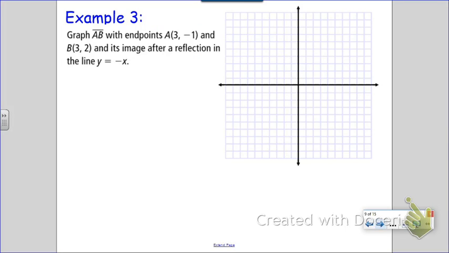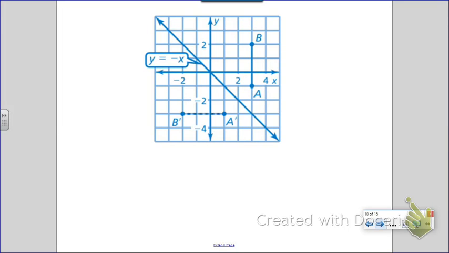Graph segment AB with endpoints given and its image after reflection in the line y equals -x. Y equals -x is a diagonal line that goes through the graph the other direction, so downhill. Looking at the actual image, here's the line of reflection.